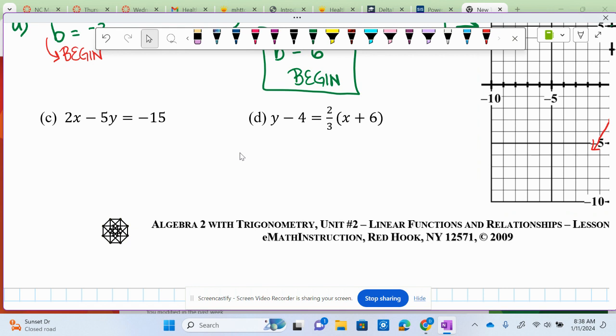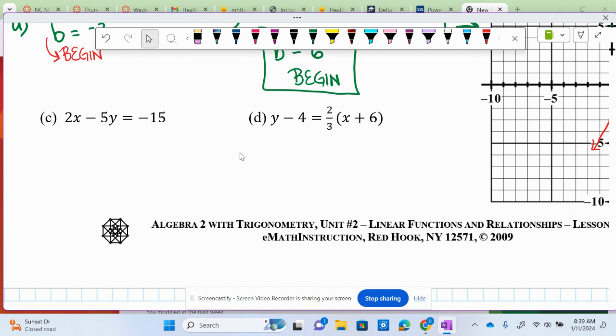You remember that? What do we use the cover-up method for? What's that going to give us? Yeah, it gives us the intercepts of the functions, okay?